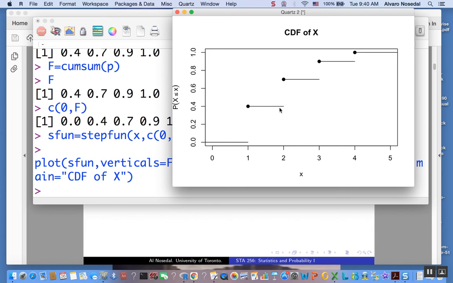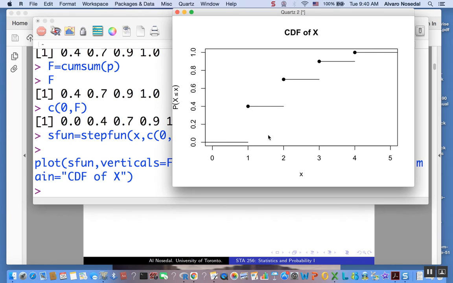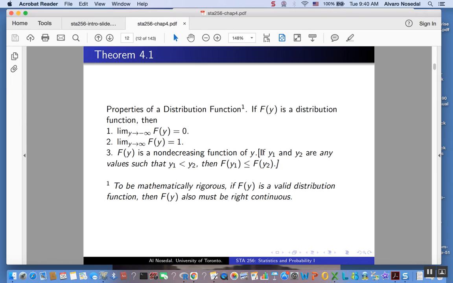So that's why we're being very explicit: non-decreasing. And we know from math courses that a function is non-decreasing if y1 is less than y2, which means that the function evaluated at y1 is going to be less than or equal to the function evaluated at y2.